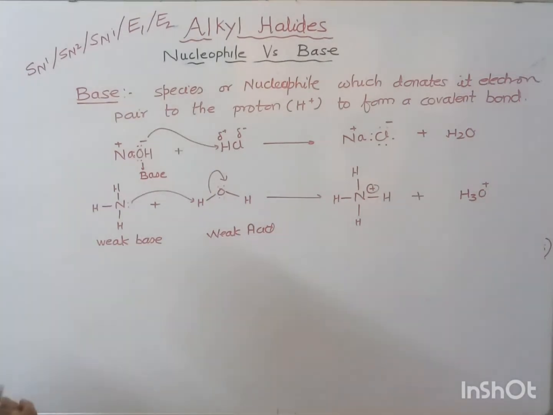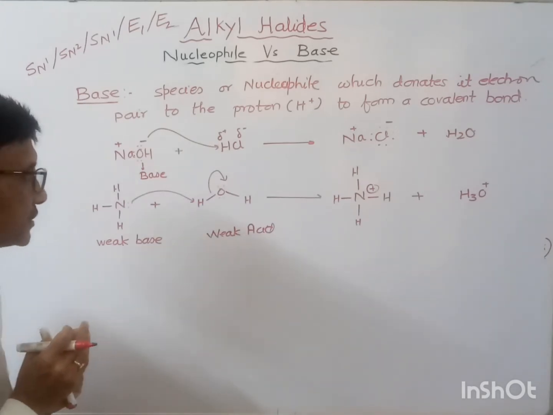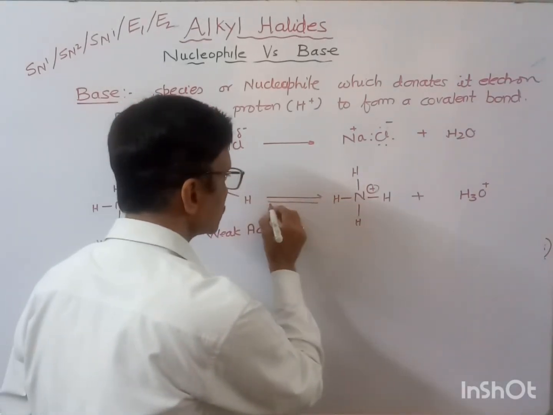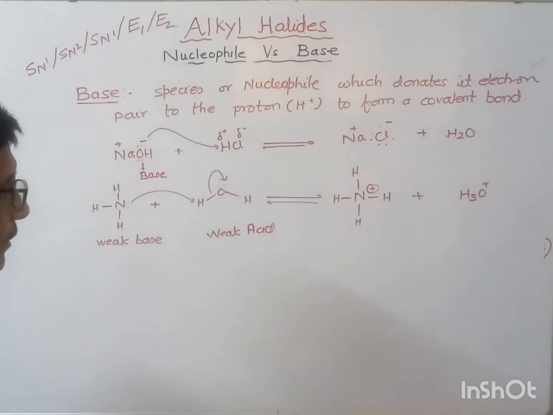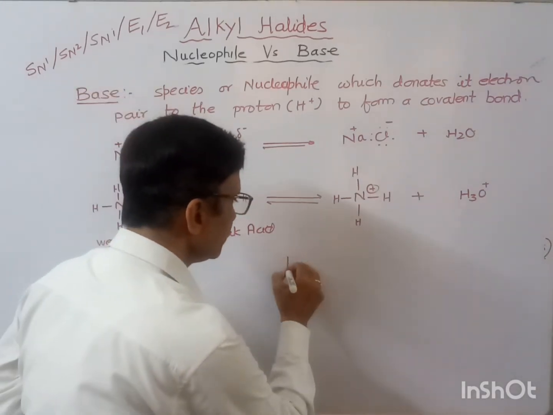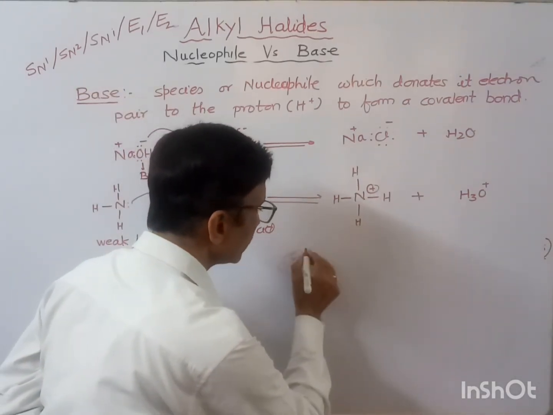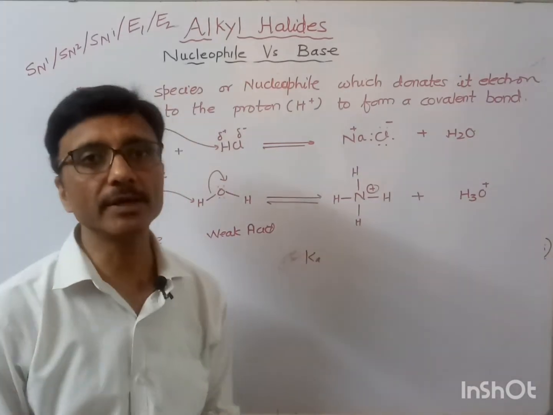Okay, so this is an acid-base reaction. And one thing we can see here, this is an equilibrium reaction, a reversible reaction. In an equilibrium reaction, we can find the value of pKa. Suppose we find the value of the equilibrium constant, because this has an equilibrium.